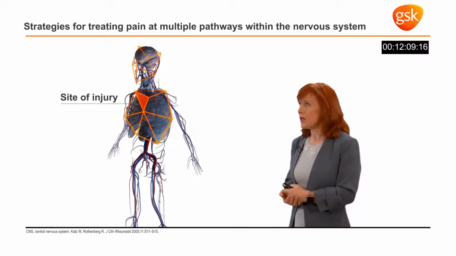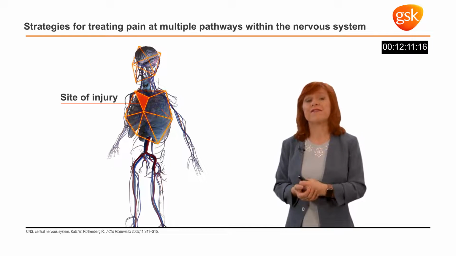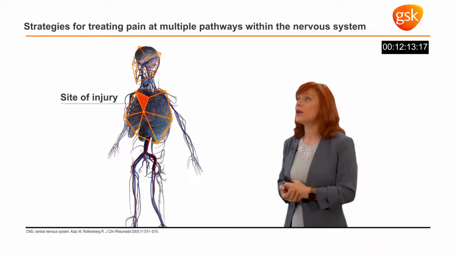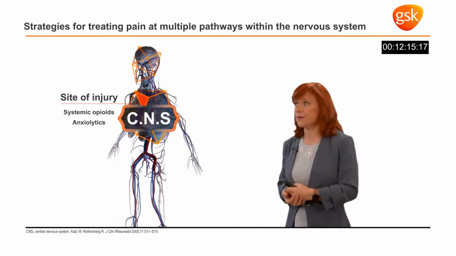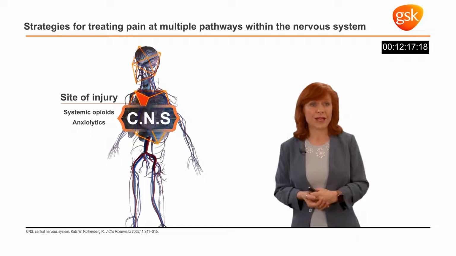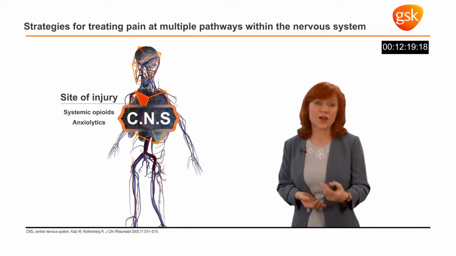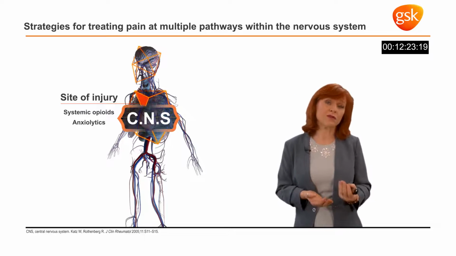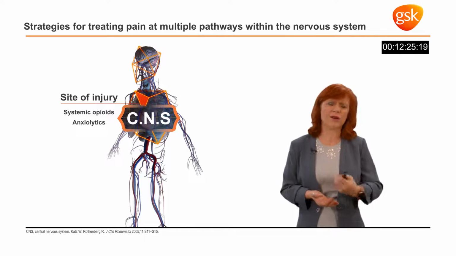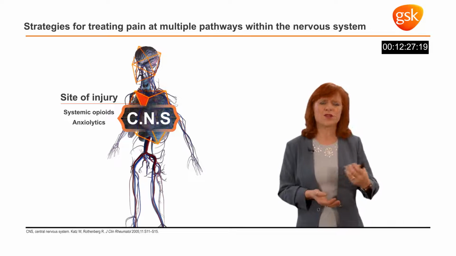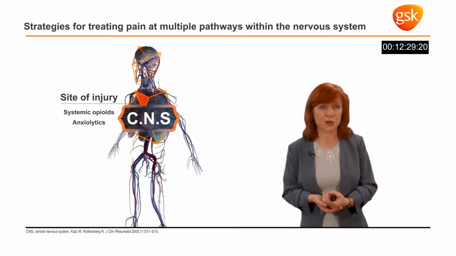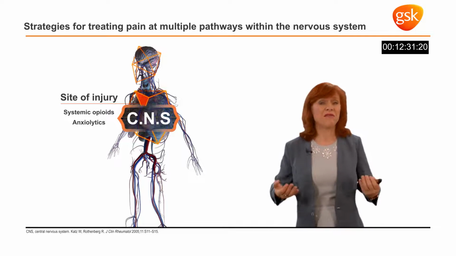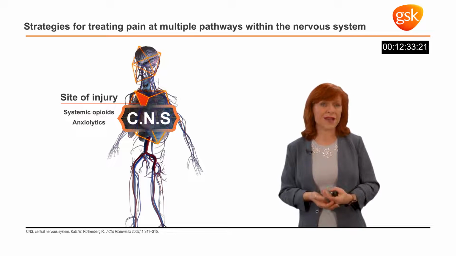However, we do know that opioids have a fundamental impact on the central nervous system if they're given systemically, and indeed, so do anxiolytics. We, of course, in recent years have moved a very long way away from giving tricyclic antidepressants to patients with depression. Indeed, they are virtually never used these days.